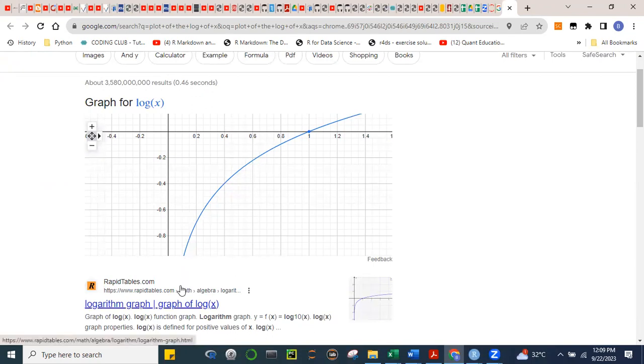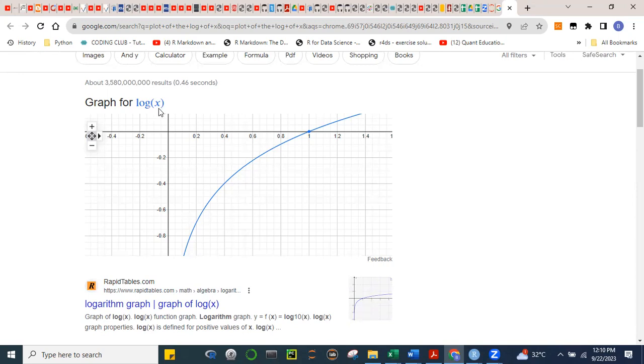So our function here is y equal to log of x. What are the possible values of x, class? The possible values of x is that it cannot be negative. And that's what I wanted to say a while ago. We cannot get the log of a negative number.